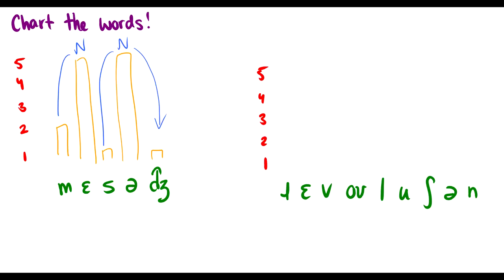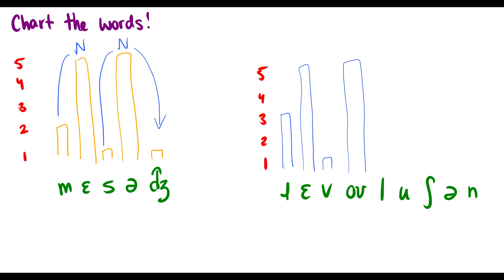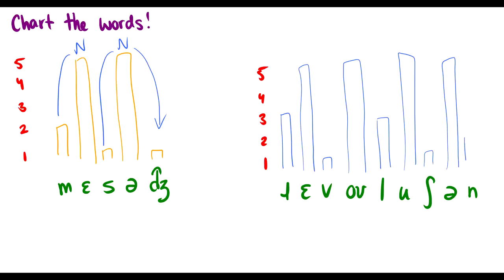R is a liquid. So, that is a 3. E is a vowel, so that's a 5. V is obstruent. O is a vowel, L is a liquid, that's a 3. U is a vowel. Sh, obstruent. U is a vowel. N is a nasal.